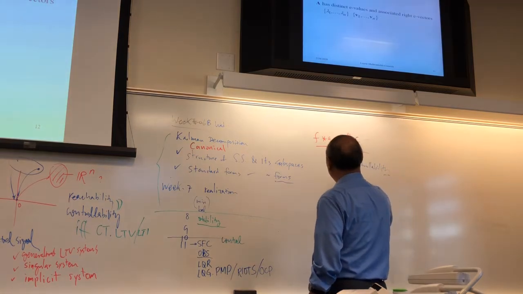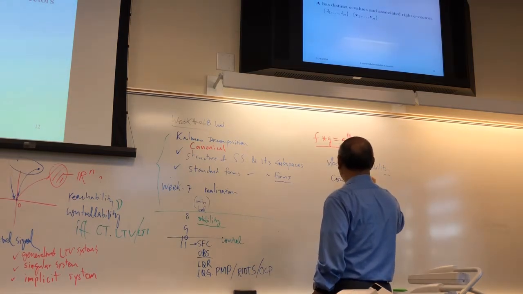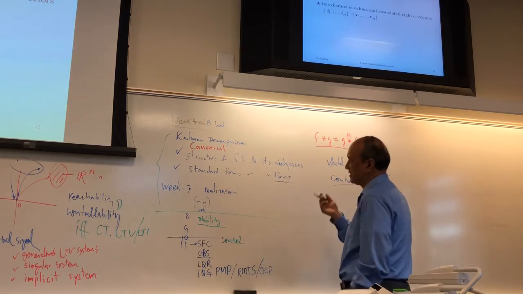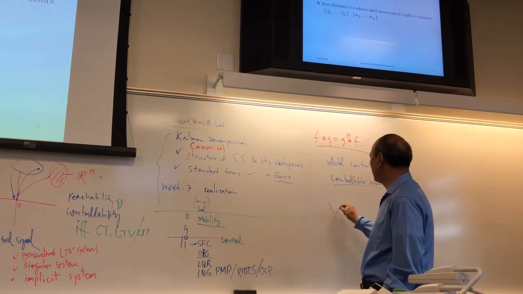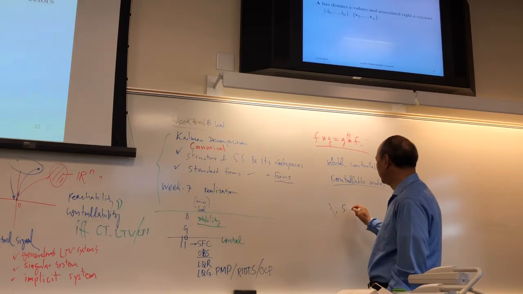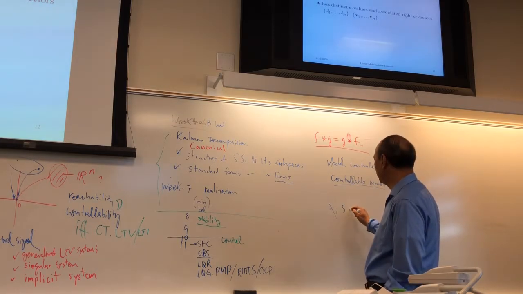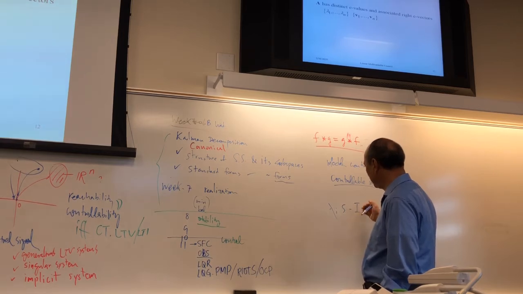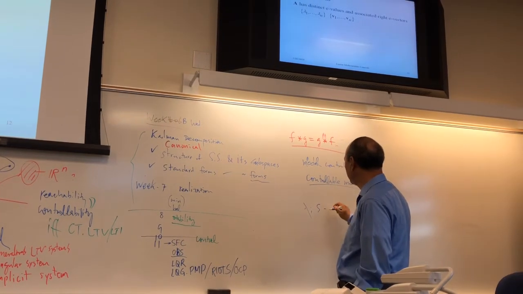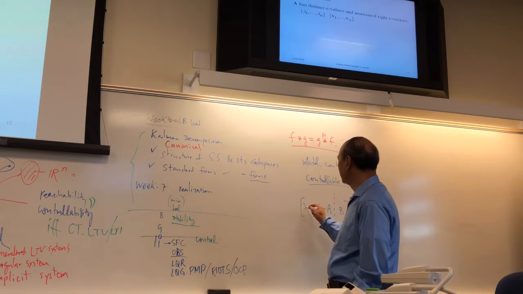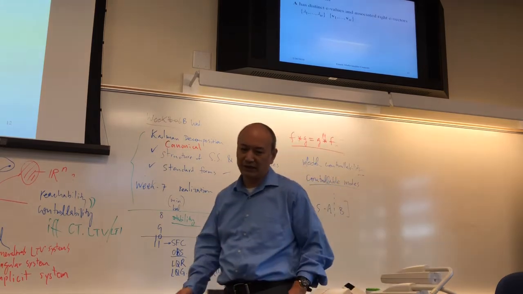So these are controllable modes. That depends on how you put this lambda and you put S, lambda S minus A, and B. You do this Hautus test, the rank test.